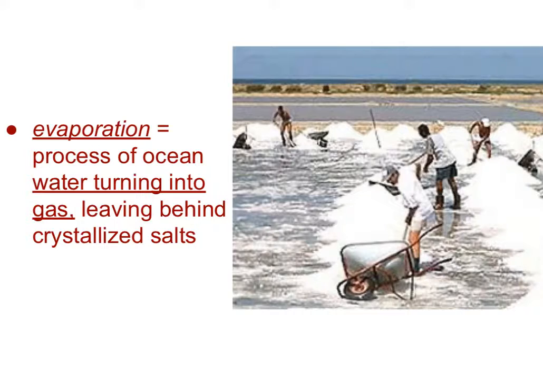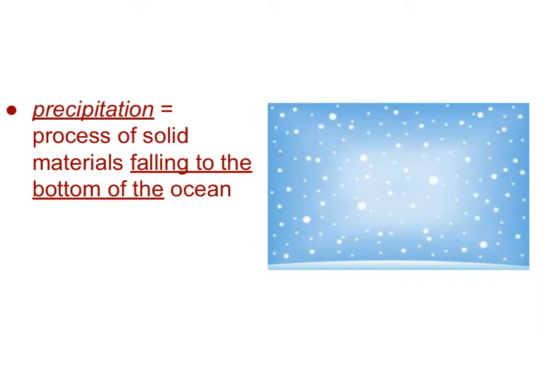And usually we get these salt crystals when the ocean water evaporates and leaves behind these little crystals of salts. In this picture, these are really small crystals, but in that picture of the Himalayan salt, those are bigger crystals. And so you can get bigger crystals or you can get smaller crystals of salt.